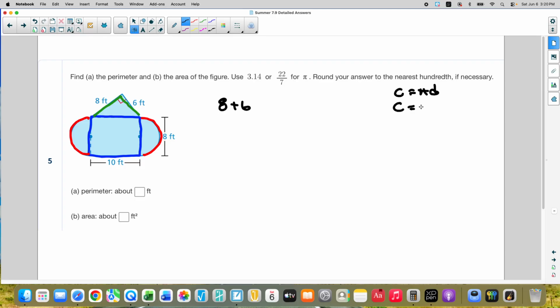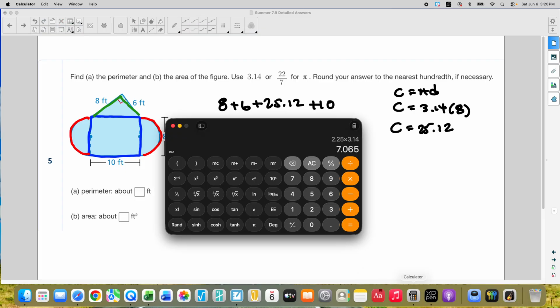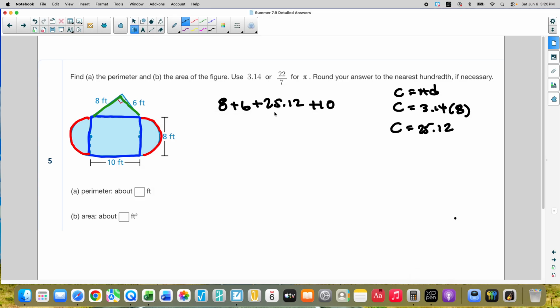So circumference equals 3.14 times 8, which is 25.12, plus 25.12, that's this around each circle, and then we need plus 10. So let's just make sure that 3.14 times 8 gives us 25.12. That was good. And now let's add those together.